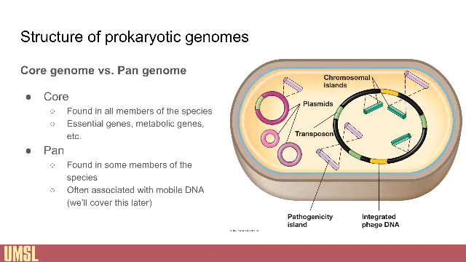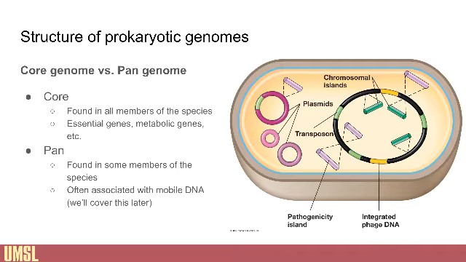But if I compared all of them, I could make a tabular list of every single gene that's present in every single subspecies of Salmonella, and I could find there are core components that I find in every single isolate. If I look down the column of my tables and sort things, I'd say they all have this DNA polymerase, they all have these ribosomal proteins, and they all have these specific biosynthetic pathways.